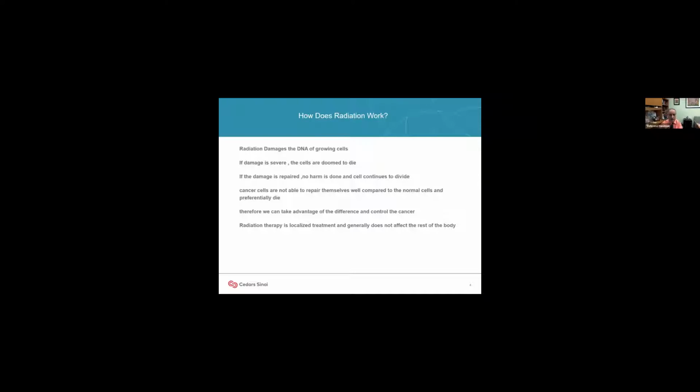So we can figure out exactly the location and how well we can point the radiation. Now, I should also mention that radiation is a localized treatment. So if I'm treating somebody's leg, I don't expect to see any reaction in terms of their heart or lungs or even GI tract. It only affects the area that we radiate.